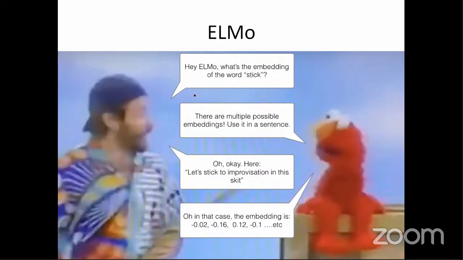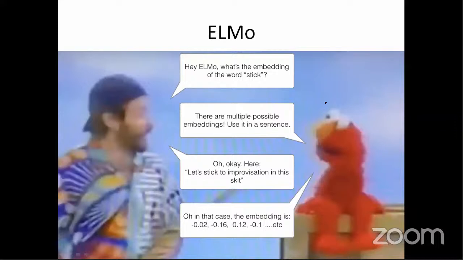Fine. The next popular embedding is the ELMo embedding. ELMo represents embeddings from language models. We'll see how this addresses the problems of Word2Vec. For example, the guy asks ELMo, "Hi ELMo, what is the embedding of the word stick?"